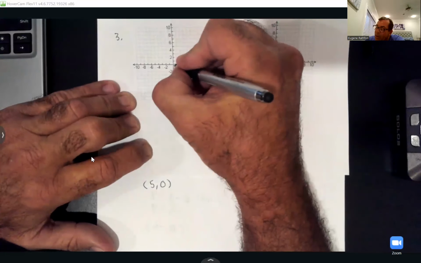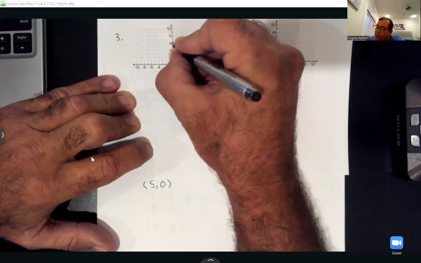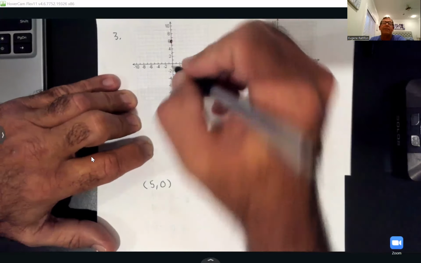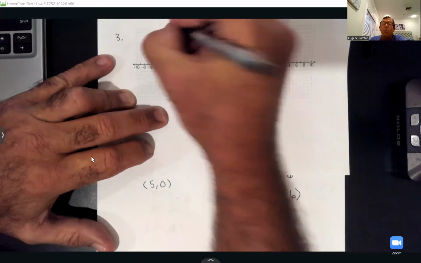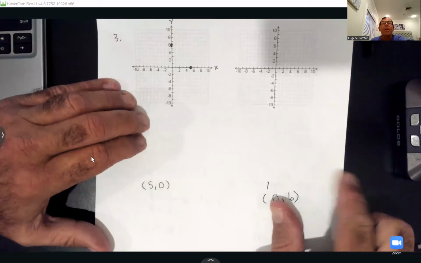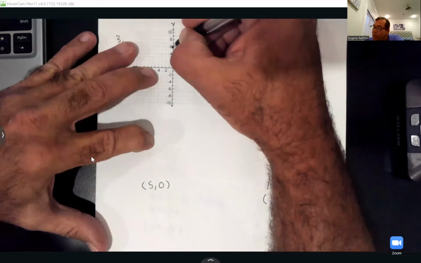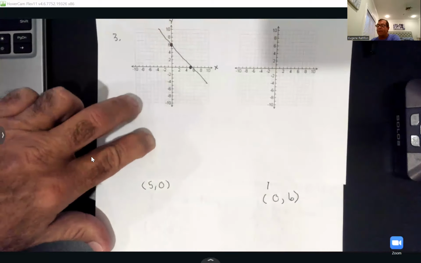So starting at 0, go up 6. And you'll mark that point on the y-axis. So remember, x-axis, y-axis. All right, so once we got our 2 points, draw the line and be done.